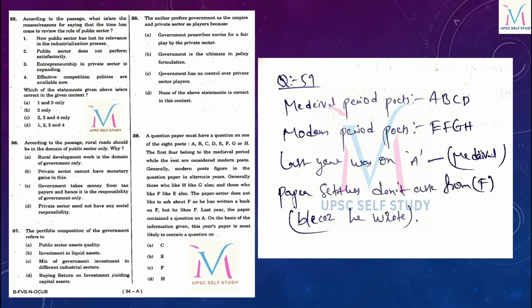Last year the question was on A, and this year, where the question is going to come from is the question. If you look into the solution box till the modern period, I hope you are clear.